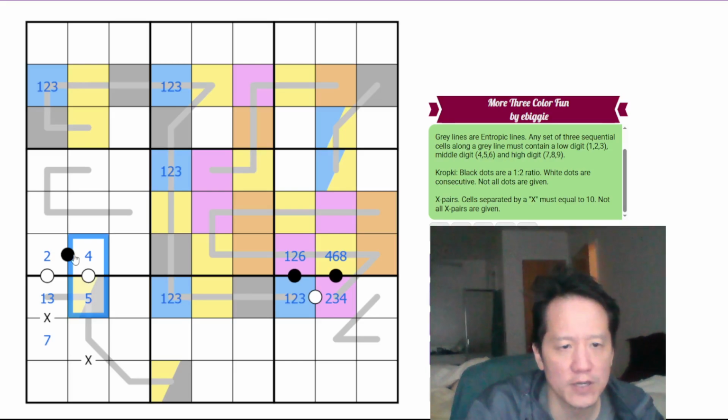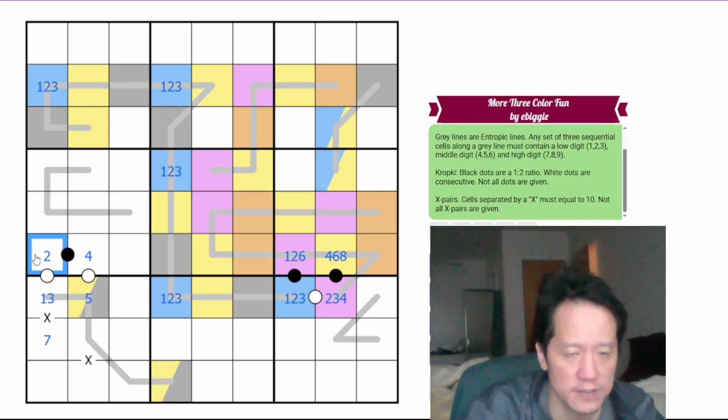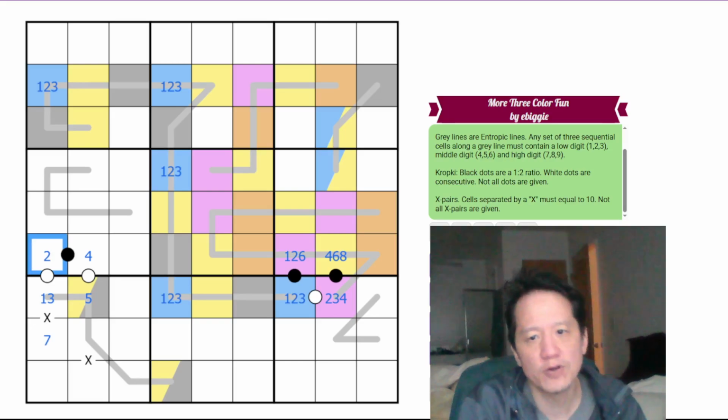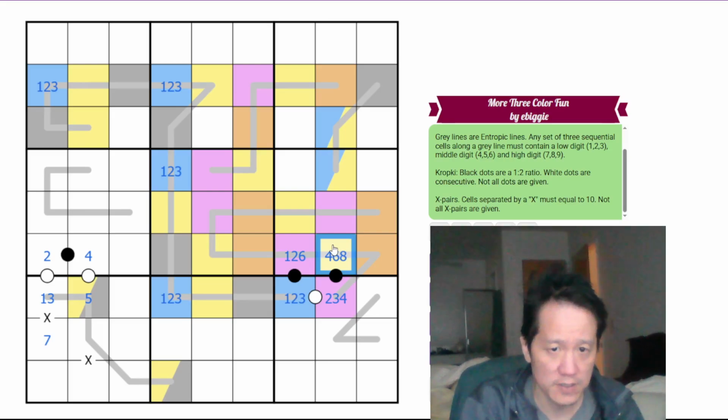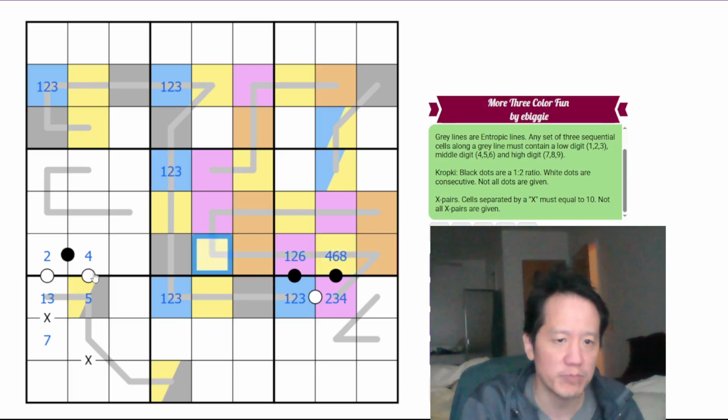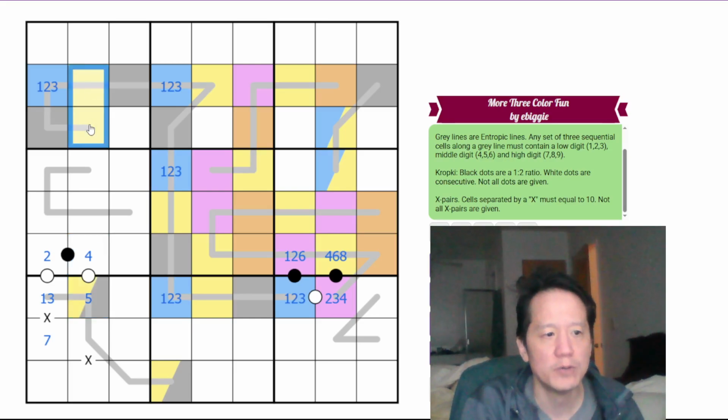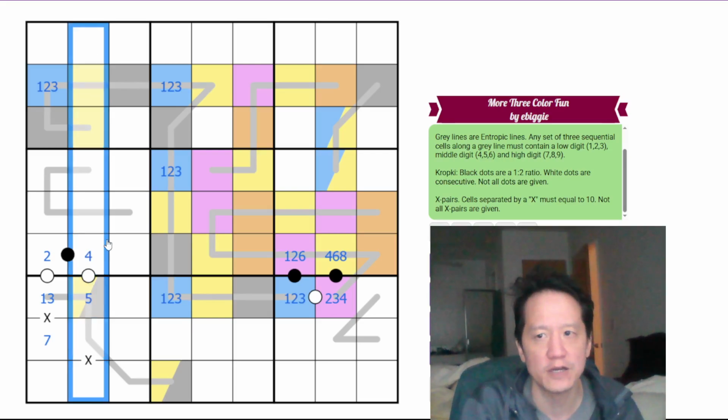Okay, so that's okay. If this is 4 and 8, okay, so this cannot be 4 and 8. If this is 4 and 8, that means this is a 6, which means yellow have to be the middles. So this would all be yellow. This would be yellow, but then you would have 4 yellows in the same column, which is not allowed.